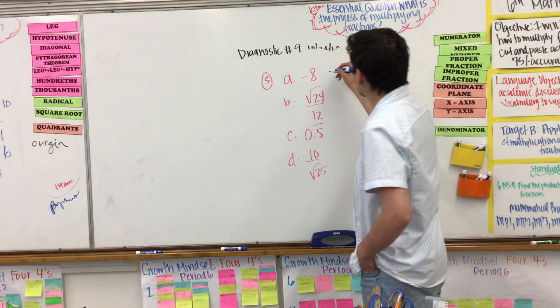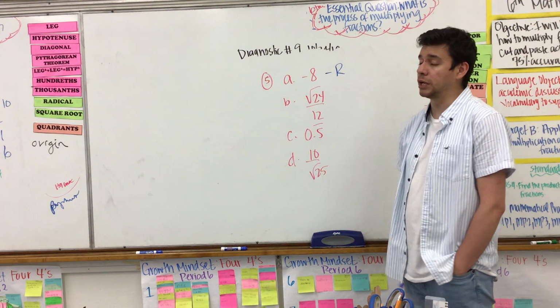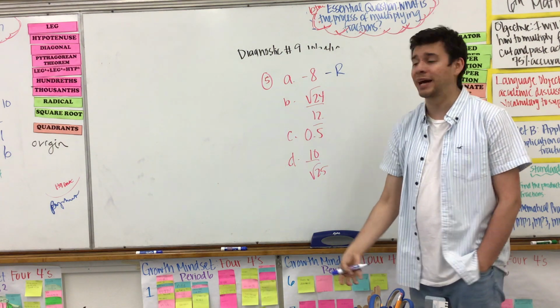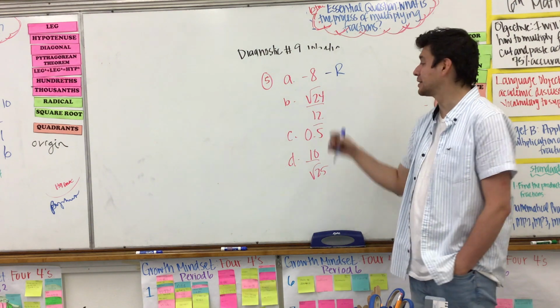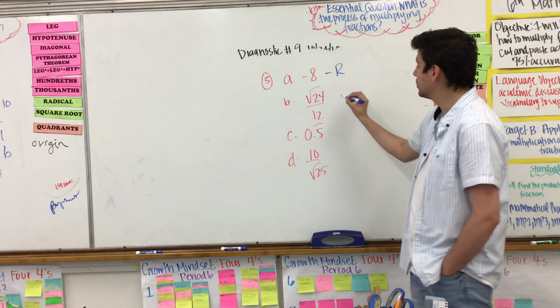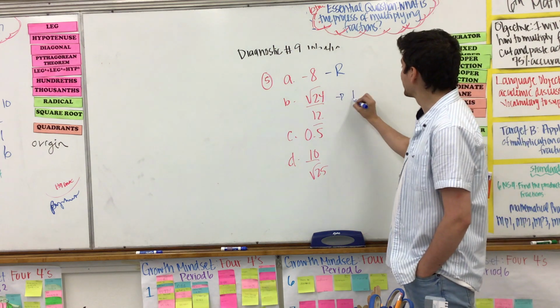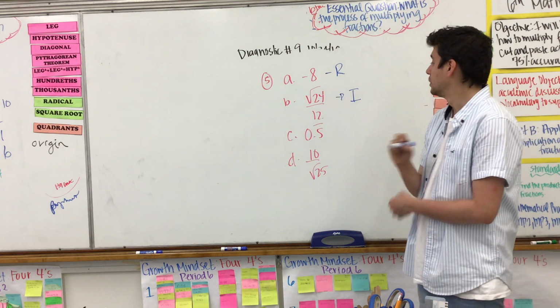First one is rational because it's a whole number. The second one, you can't divide 24 by 12 because that one has a square root symbol, and the square root of 24 is automatically irrational because it's a non-perfect square root.